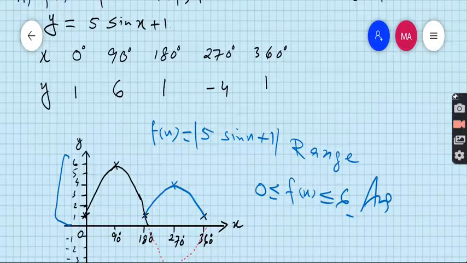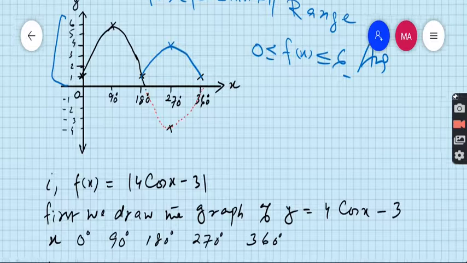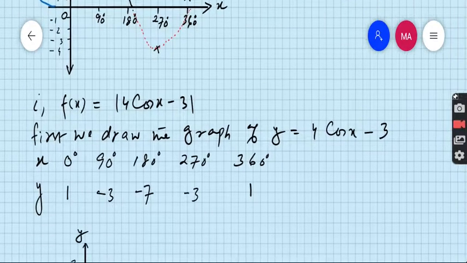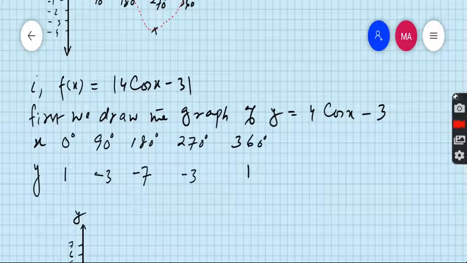The next and the last part is part I. The function is f(x) equals the absolute value of 4 cos x minus 3. So first we draw the graph of y equals 4 cos x minus 3.